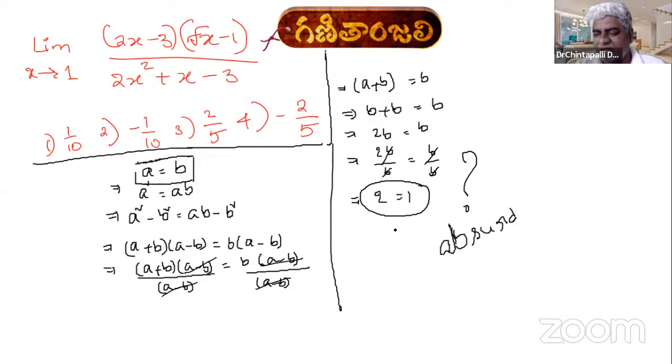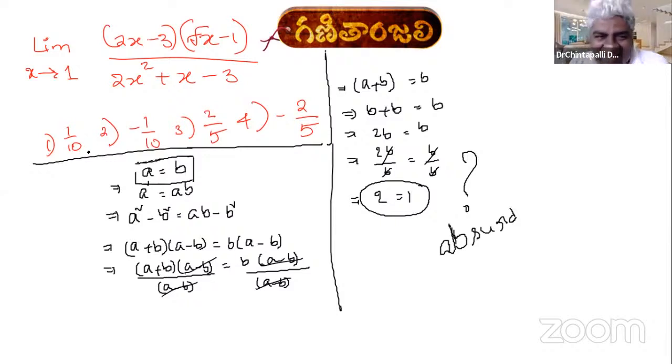The mistake is not by me, it is by you. The only mistake is to cancel A minus B and A minus B. That's why I asked you to do that cancellation.